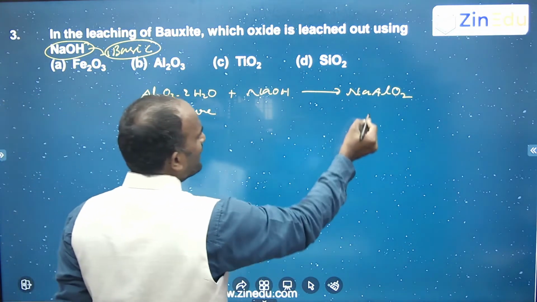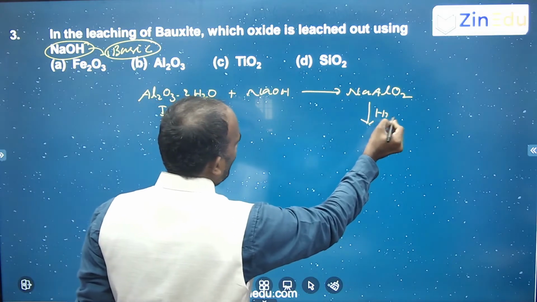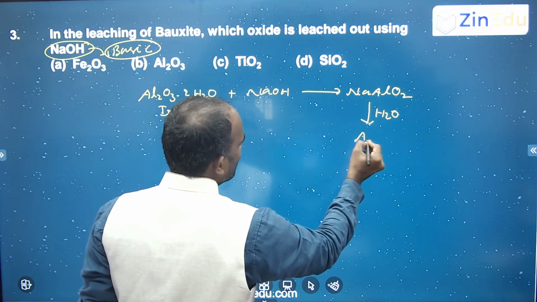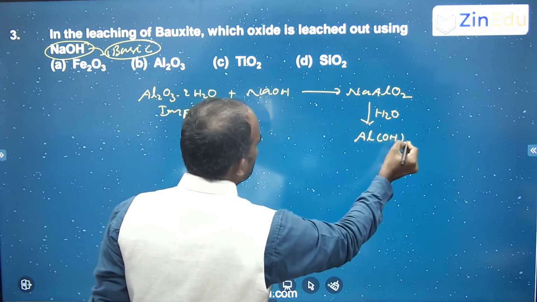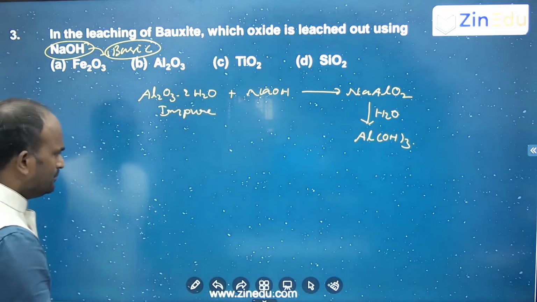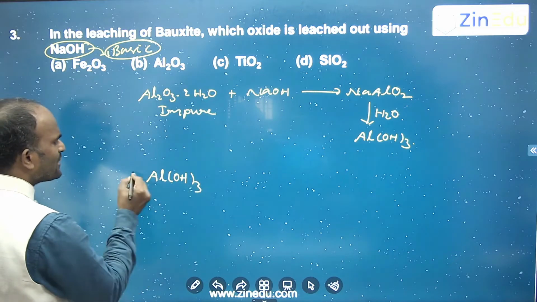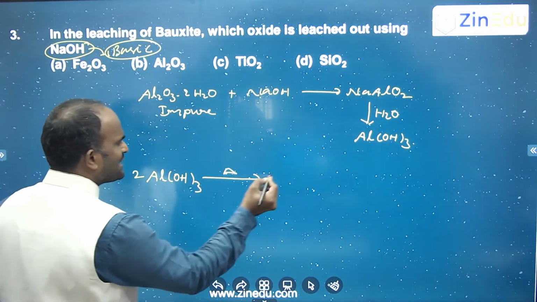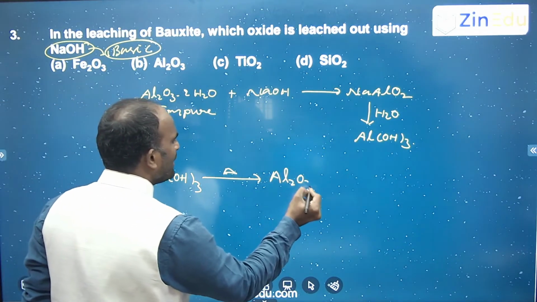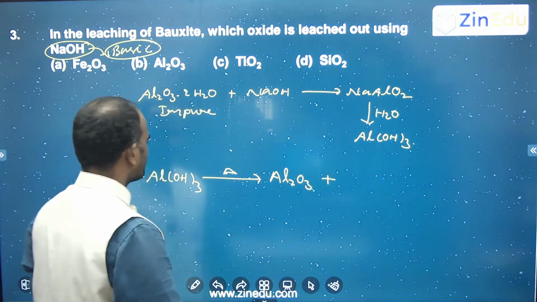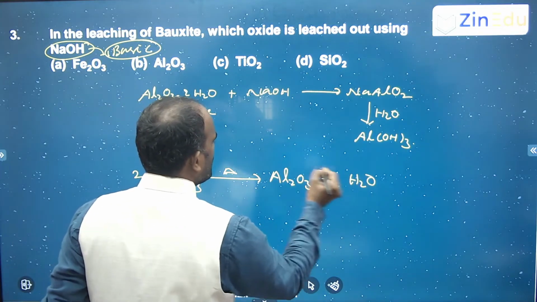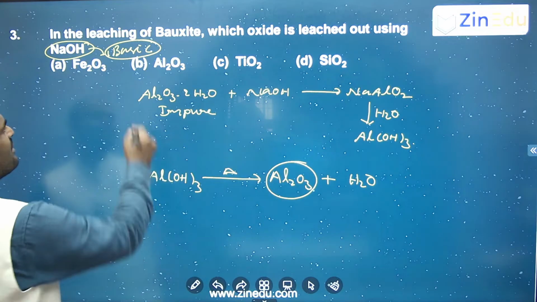Now this sodium meta-aluminate upon hydrolysis gives Al(OH)3. 2 moles of this formed Al(OH)3 upon heating gives Al2O3 plus H2O.